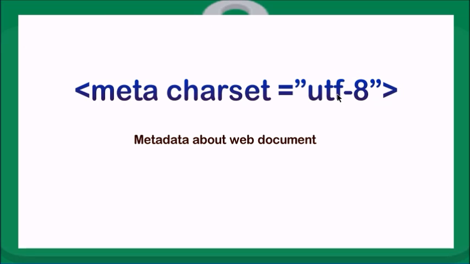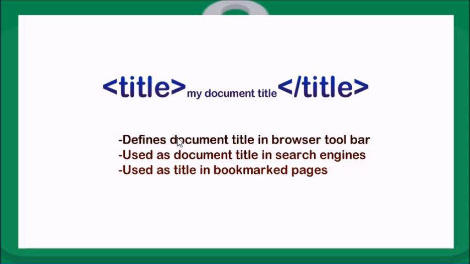Let's go ahead and add another head element, which is a very important element, the title. It has an opening tag and a closing tag. It defines the title of our document in the web browser toolbars. It's also used in search engines. It's also used as a title in bookmark pages.